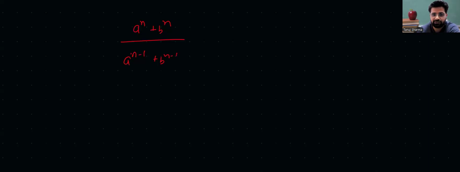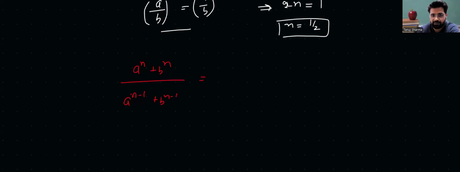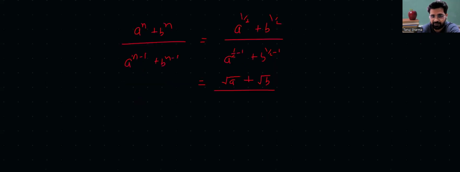I am just substituting n equal to half. a raised to power half plus b raised to power half divided by a raised to power half minus 1 plus b raised to power half minus 1. So let's simplify. a raised to power half is square root a, square root b. So this becomes a raised to power negative half and b raised to power negative half.